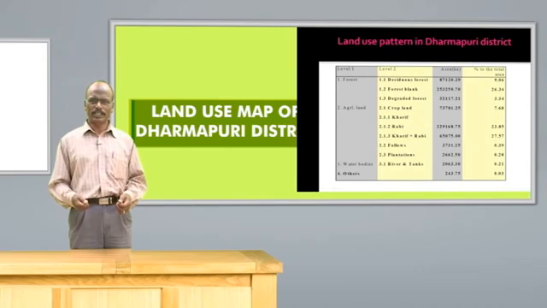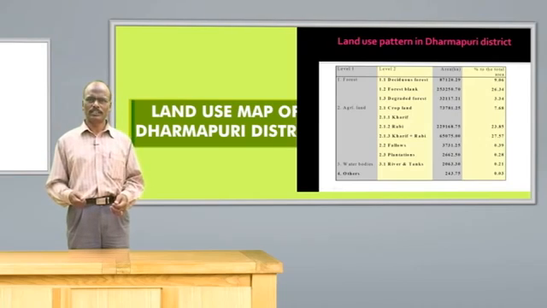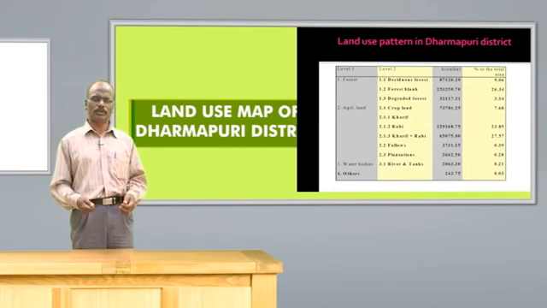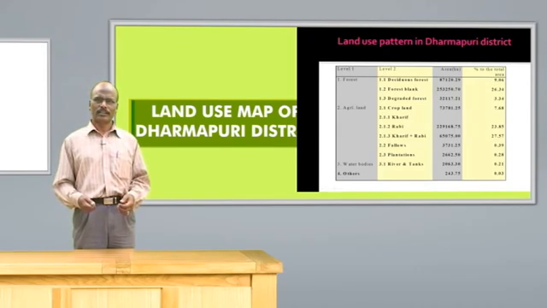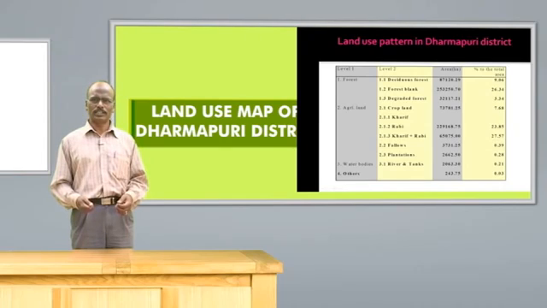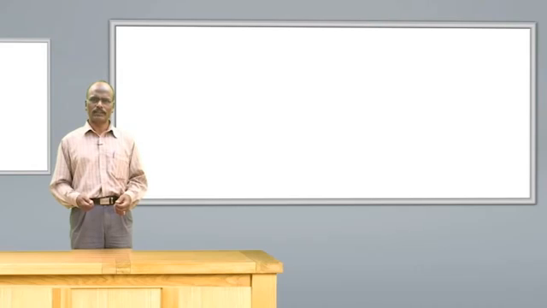In the water body case we can also distinguish rivers and tanks. So, different land use land cover at level 2 is easily possible when we use LISS-2 data, that is linear imaging self-scanner type 2 data. So, this helps us to get different land use land cover at level 2.